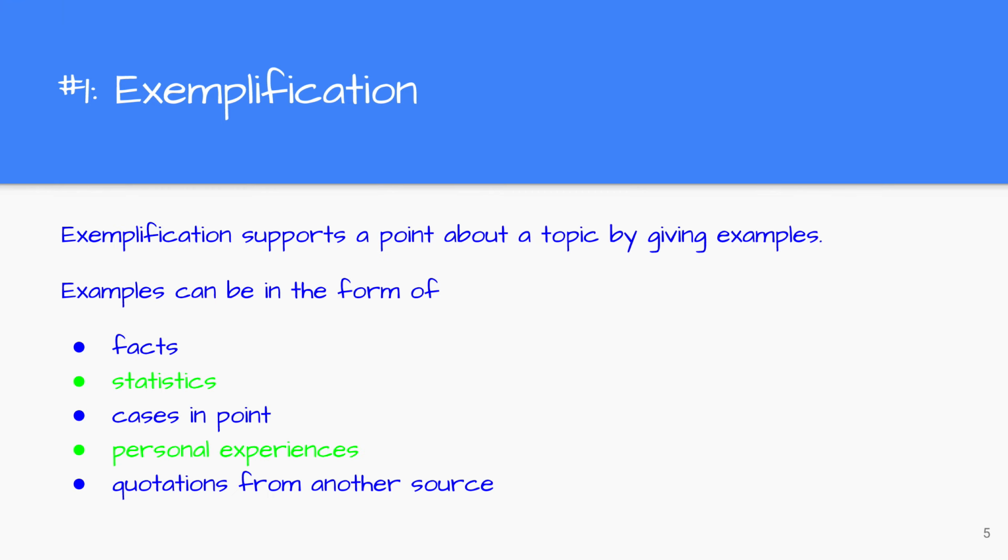Exemplification is basically using examples or facts or statistics or quotations to prove your point. On a very simple form, it's, well, others say this, using facts or statistics. You can use a case in point, which can be the personal experience of another person that you write down.